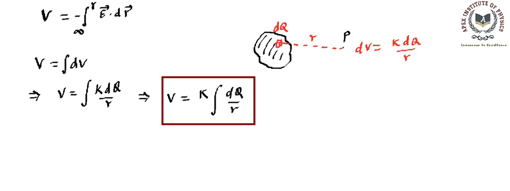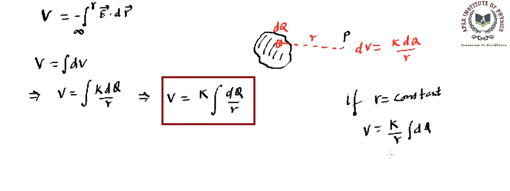Now in many cases we will find that the charge distribution is at a particular distance from the point P. That means r is a constant, the same for all the point charges. Then the formula becomes V is equal to k integration, or rather, since r is constant, we can take it outside: k upon r integration dq.